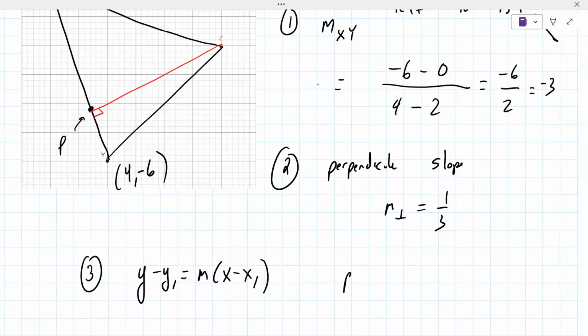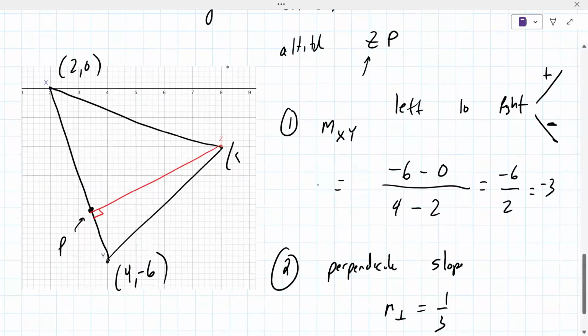Okay, so you need a point, which is Z, and the slope, which is 1/3. Okay, got it. So your Z is what, 8, -2?